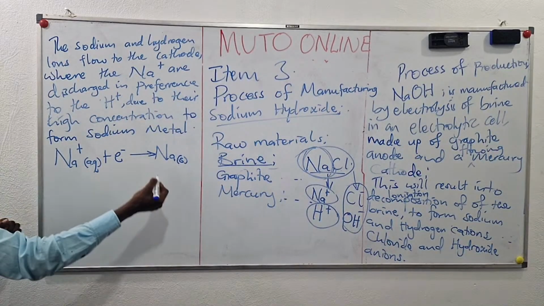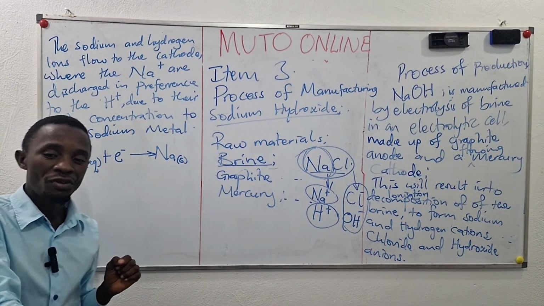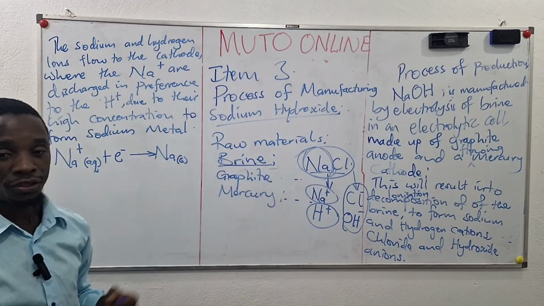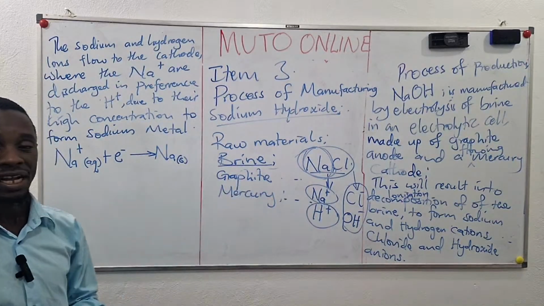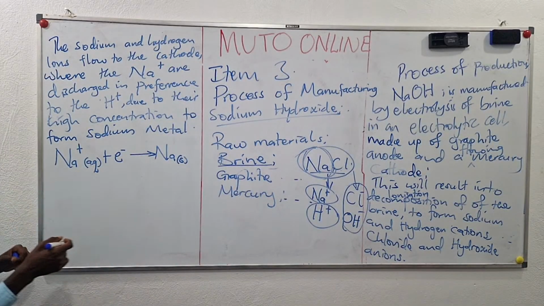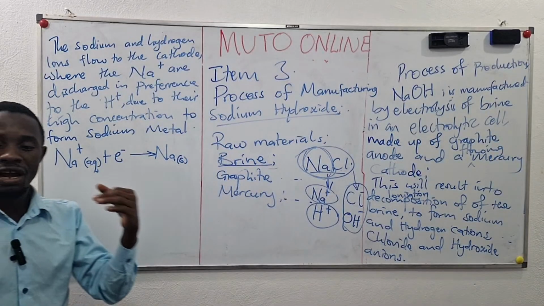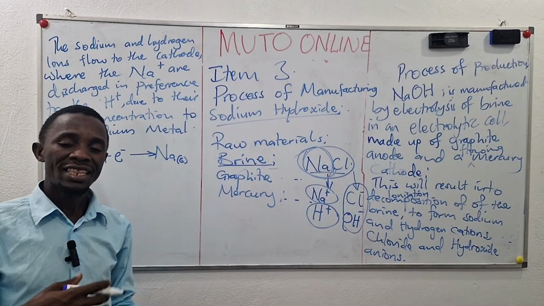Members, this formed sodium will now react with the flowing cathode, I mean, the material forming up the cathode, forming what we call sodium amalgam. Which sodium amalgam will then dissolve in the water.